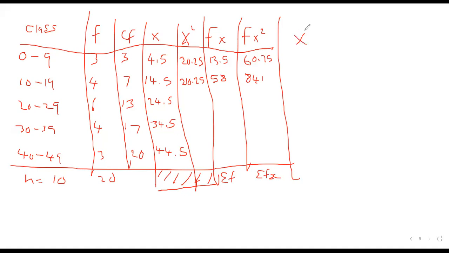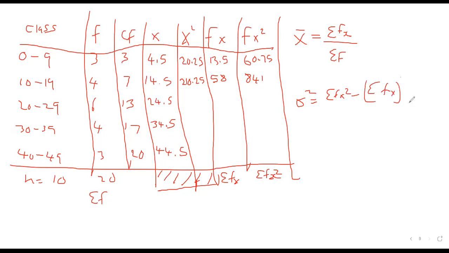I want you, as homework, to simply find the summation of fx and the summation of fx squared. So you find the mean, which is summation of fx over summation of f. This is our f here. Then you find the variance, which is summation of fx squared minus (summation of fx) squared divided by summation of f, everything over summation of f minus 1.